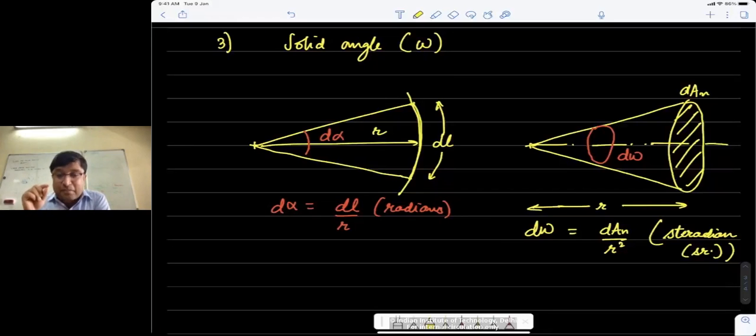I'm taking a cone just as an example because the area might be an irregular object. It may not be a circle. But whatever, if you connect all the rays coming from the perimeter to the point where you are viewing that area from, then the angle covered by all those rays is what is d omega, the total angle.